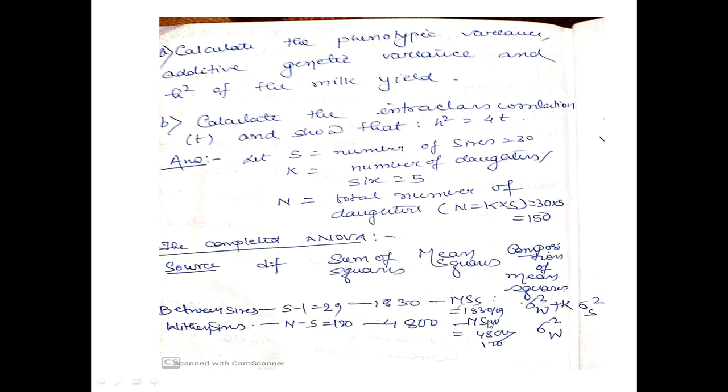Now let me tell you, the mean sum of squares for between sire is 1830 upon 29, and we know that sigma square W plus K sigma square S is the mean sum of squares. It means this and this are equal. By using this relationship only, we find sigma square W, sigma square S, and then finally the heritability.